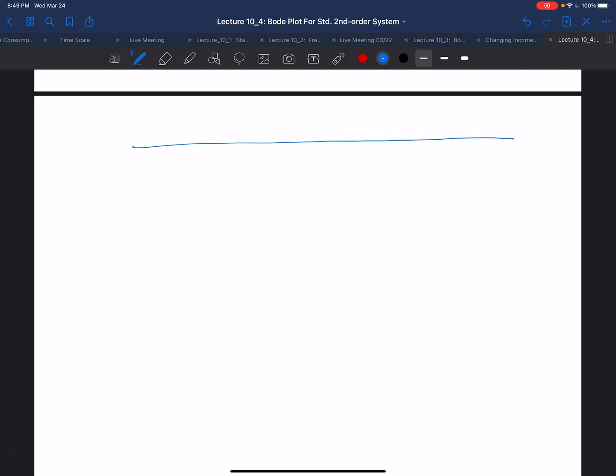And this is what we will use as our piecewise linear approximation. So for our phase curve for the standard second order system, we're just going to draw the following. We'll have a low frequency asymptote. That's a horizontal line at 0 degrees. Then when omega equals omega n, we'll suppose that the phase simply shifts abruptly to its high frequency value of minus 180 degrees.